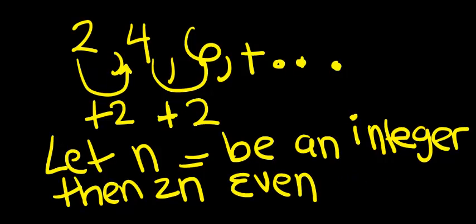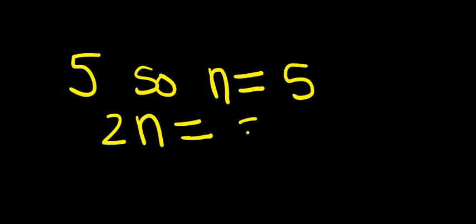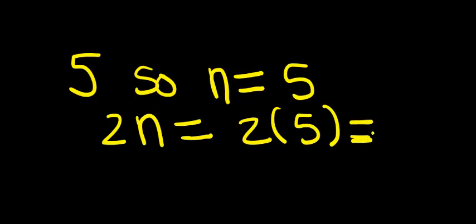If I have an integer, pick one, whatever one you'd like. Let's say I choose 5. So n equals 5. Well, 2n is 2 times 5, which is 10. 2n will always be an even integer.